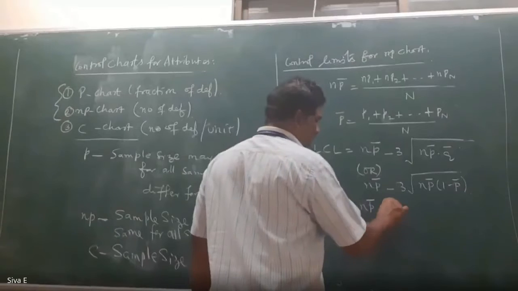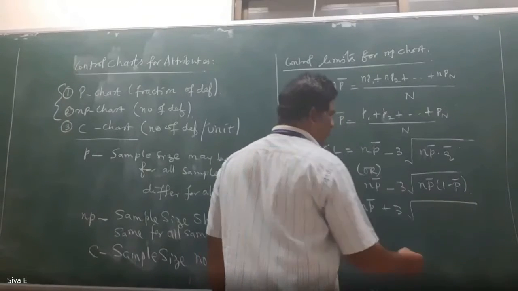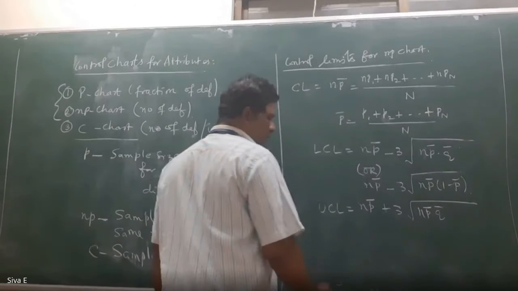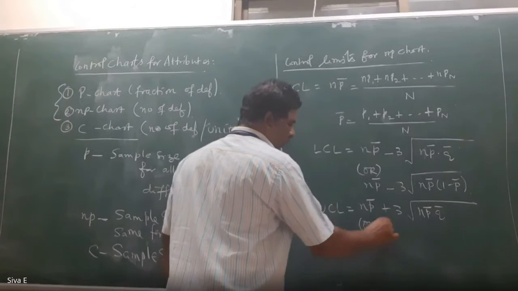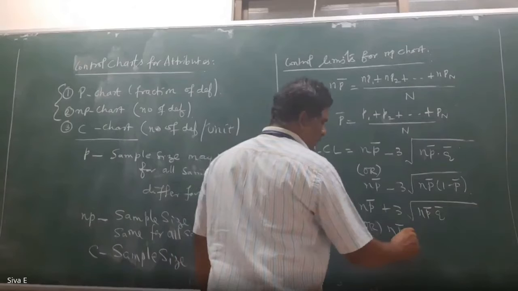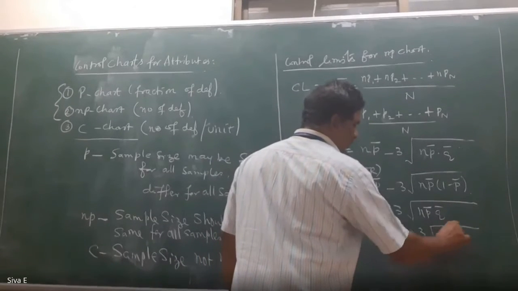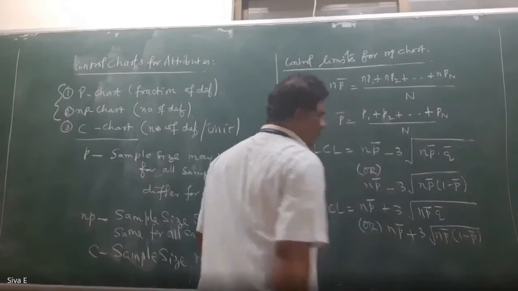UCL equals NP bar plus 3 into square root of NP bar into Q bar, or NP bar plus 3 into square root of NP bar into 1 minus P bar.